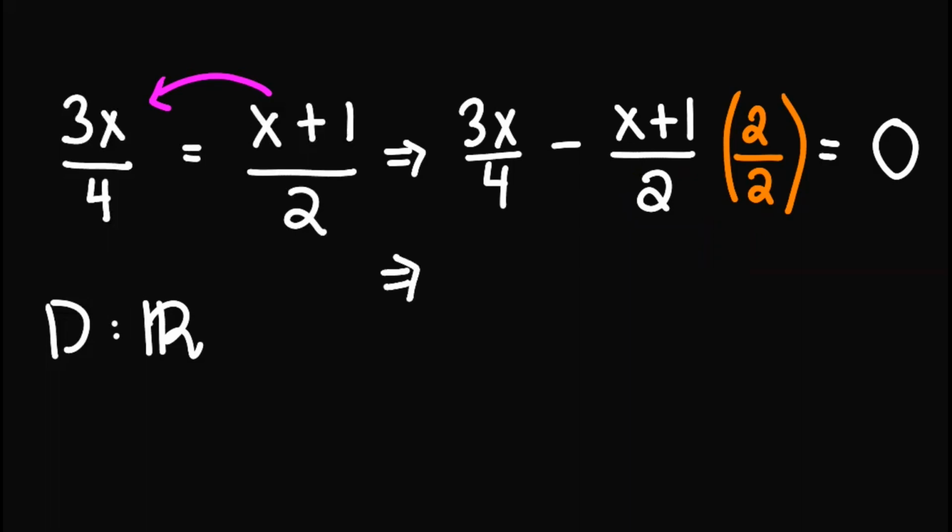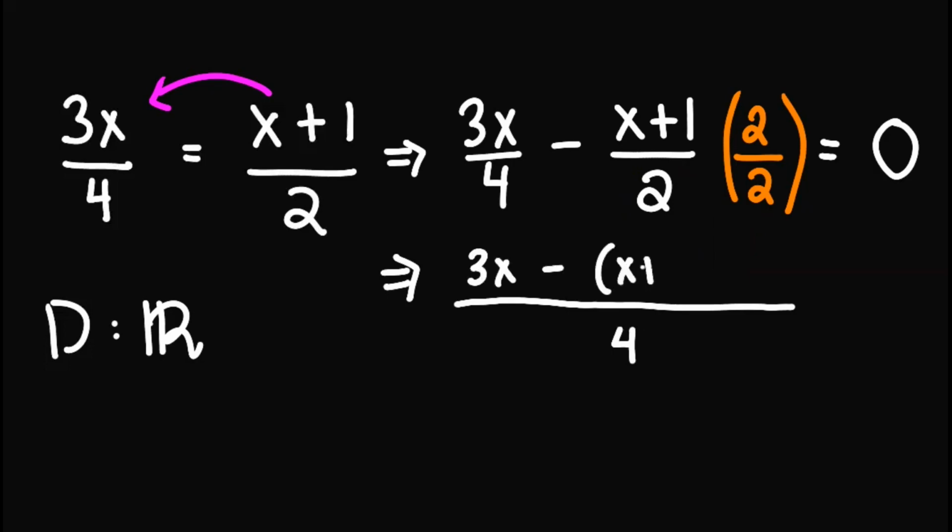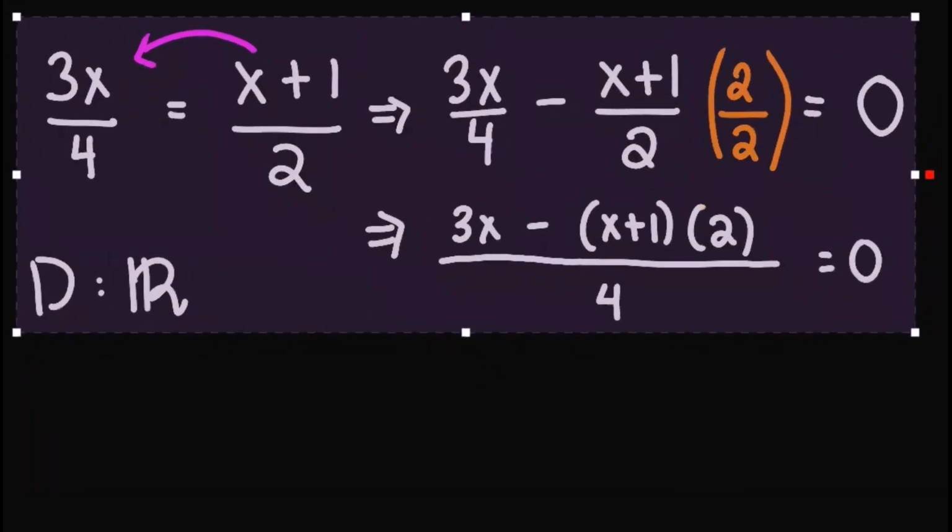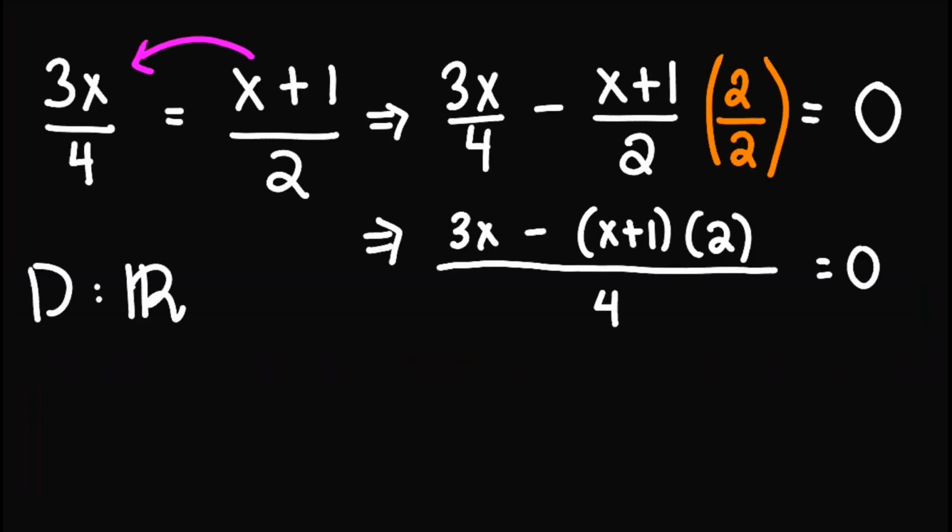So in the denominator we'll have 4, and in the numerator we'll have 3x minus x plus 1 times 2 equals 0. Now, for this equation to hold, by applying the zero fraction method, we know that the numerator must be equal to 0.